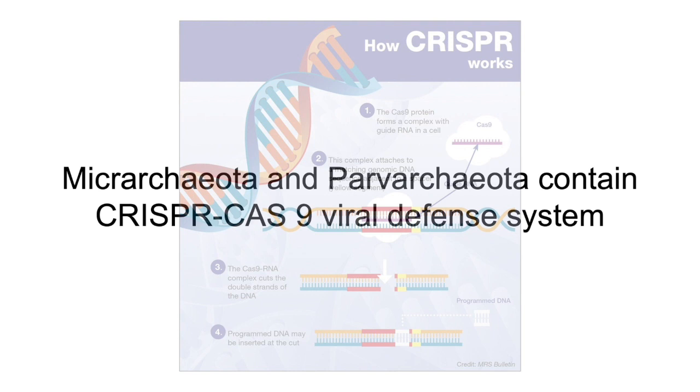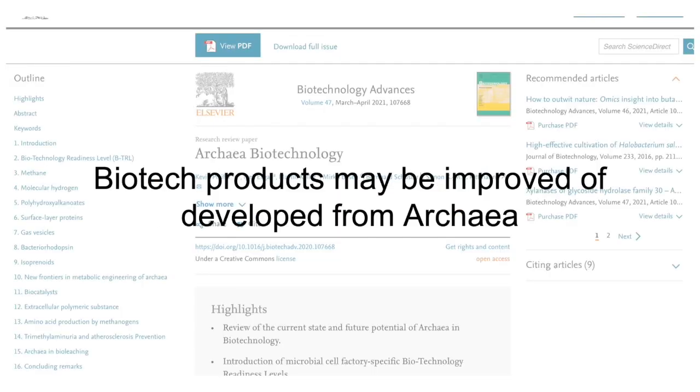Members of Micrarchaeota and Parvarchaeota contain CRISPR-Cas viral defense systems, and this could be further explored for biotechnology applications. Other biotechnology products may be derived from Archaea. This includes antifreeze proteins and enzymes which are stable at extremely high temperatures, and archaeal biological pathways may be studied, which could have important implications in medicine and research.